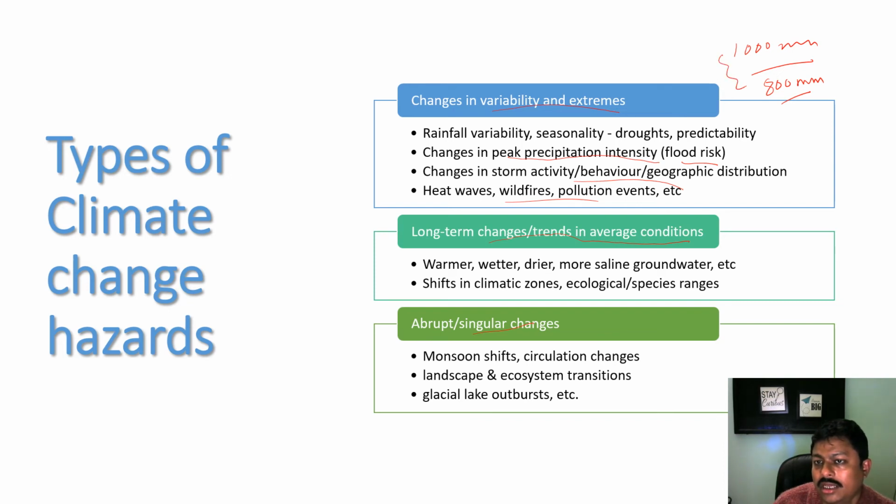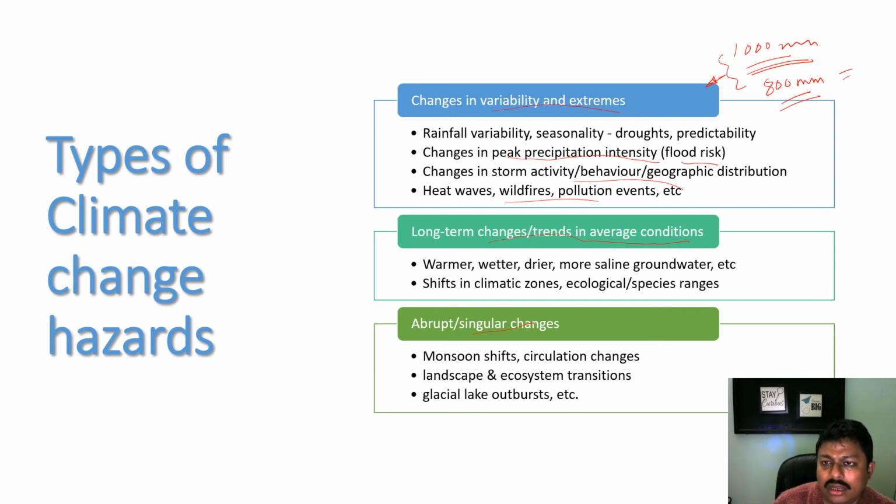Then that is a change, and damages can be caused due to this change. If 1,000 millimeter is the flood level and suddenly we observe that even with 800 millimeter we are facing flood in that area, then it is a big change in the extremes.